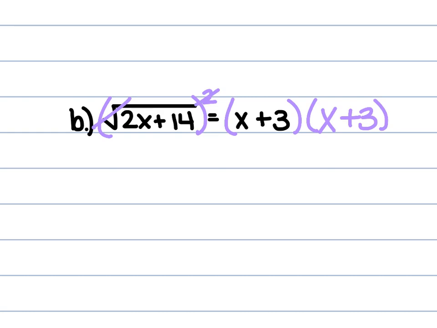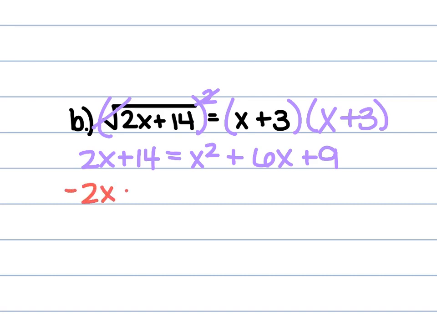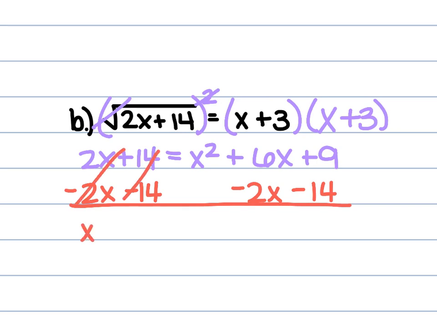It's going to get rid of the radical on the left side, so it's going to be 2x plus 14 is equal to, FOIL the other side, x squared plus 6x plus 9. Move everything over with the x squared so we can factor in order to solve. So we're going to subtract the 2x from each side. We're going to also subtract the 14 from each side. So we're going to have x squared plus 4x minus 9 minus 14 is going to give us 5.